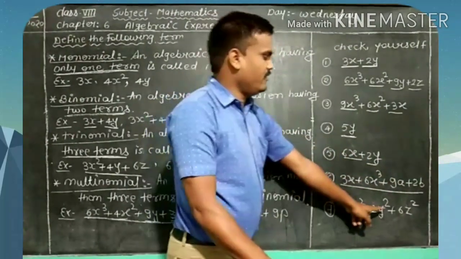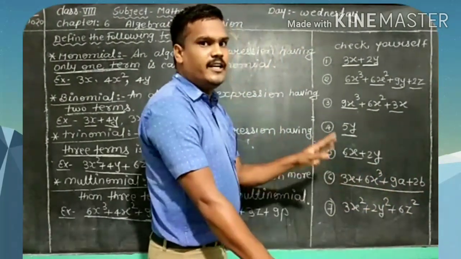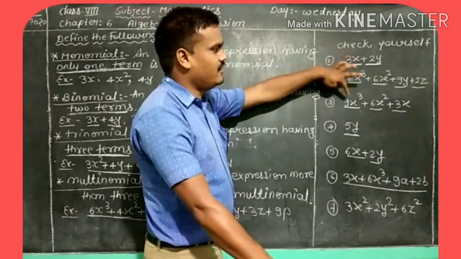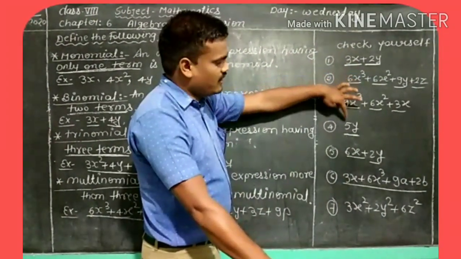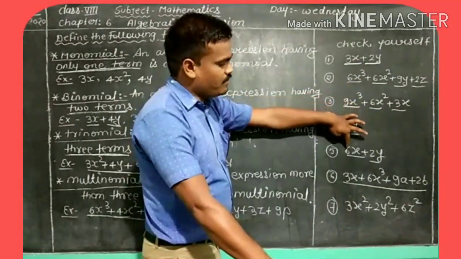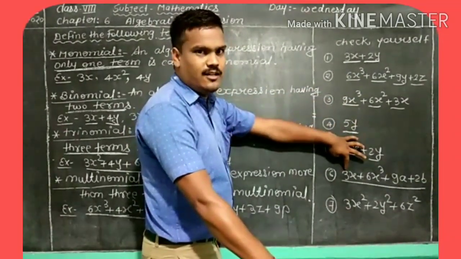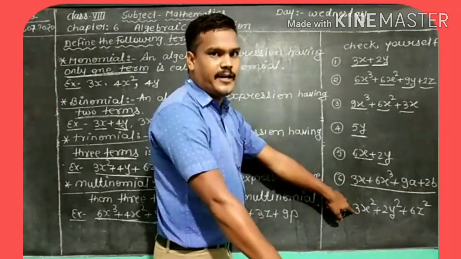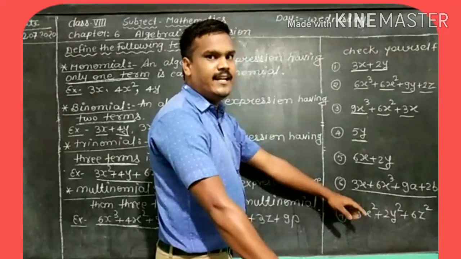And again 1, 2, 3, three terms means trinomial. This is called multinomial, and here three terms means trinomial. So just see the next part.